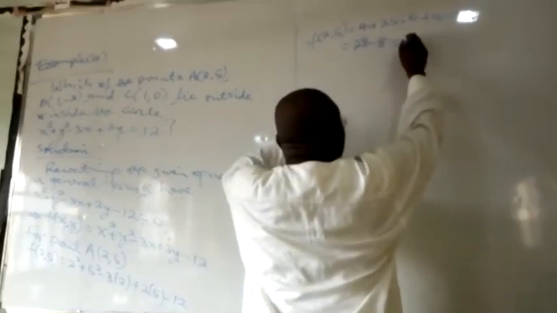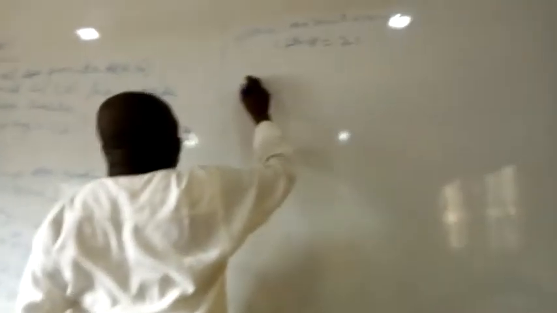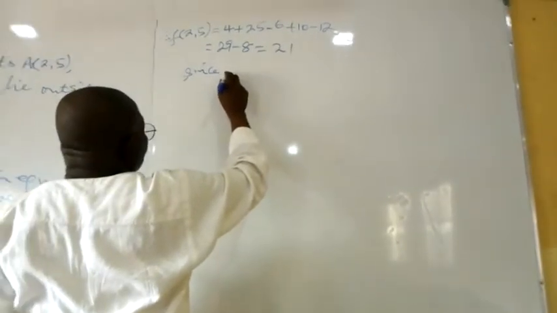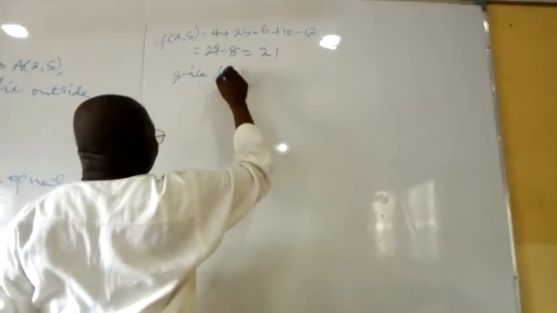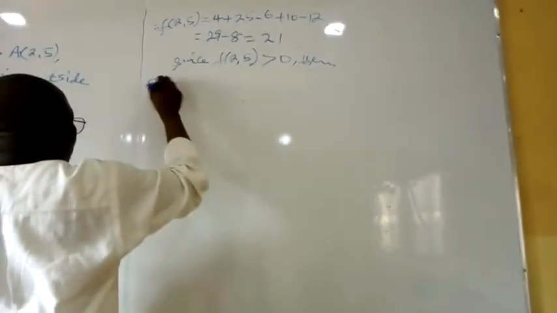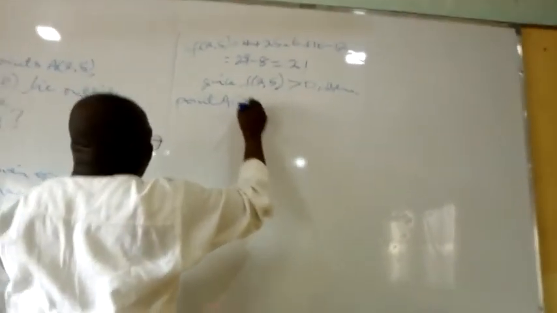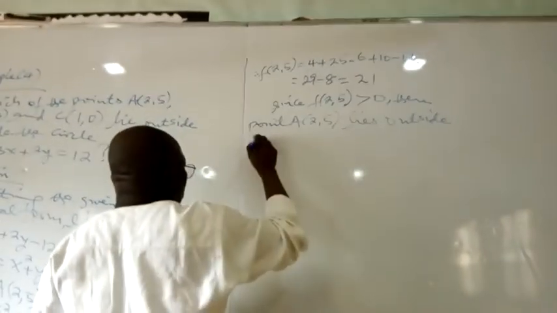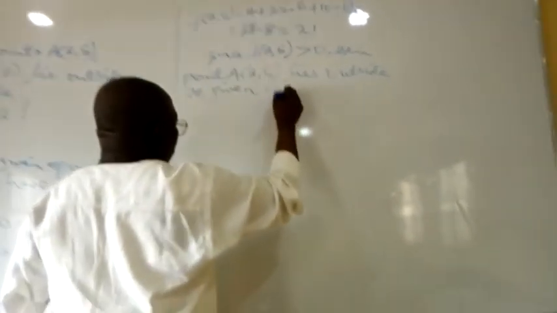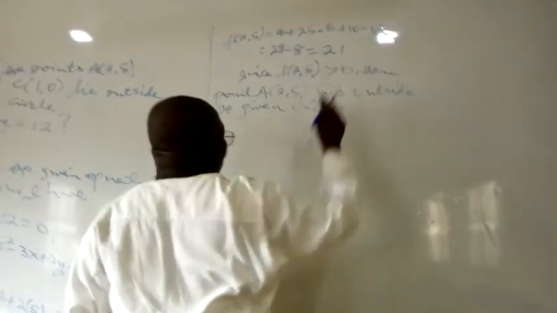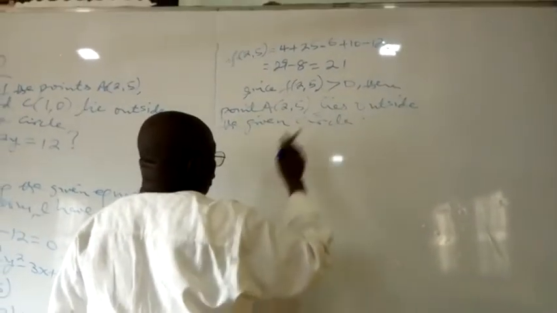This gives 21, and 21 is positive. Since f(2, 5) is greater than 0, we conclude that point A lies outside the given circle, because 21 is positive, which is the condition for a point to lie outside.